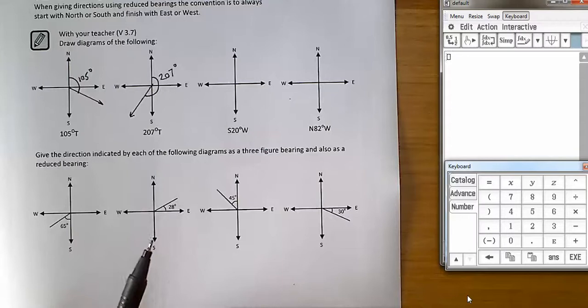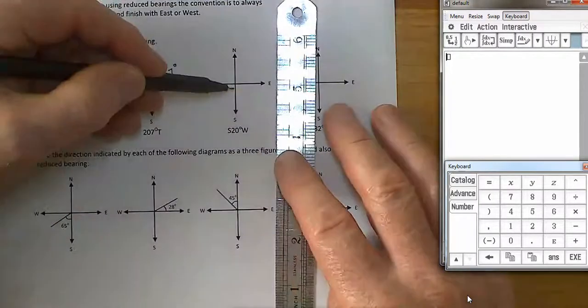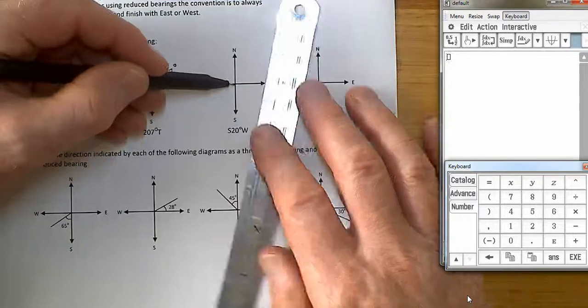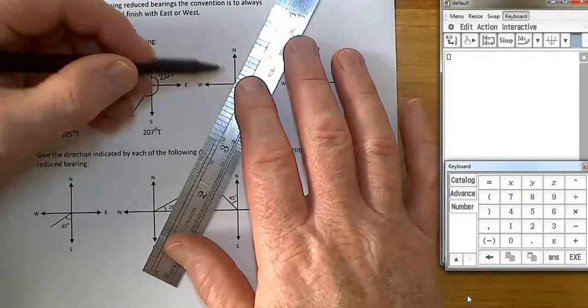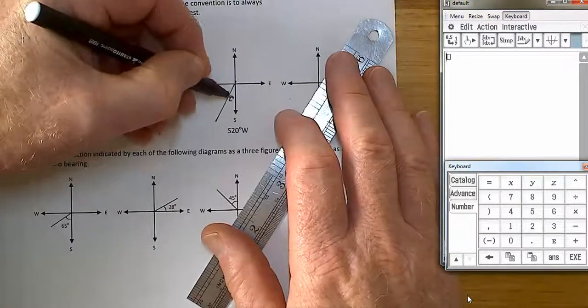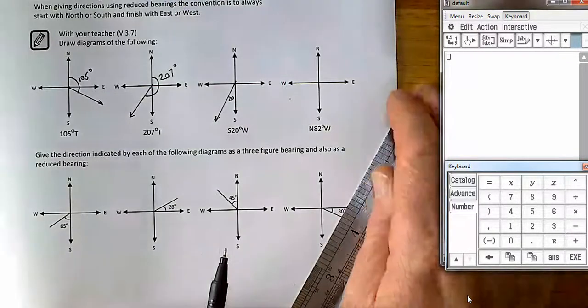So south 20 west means starting from the south, rotate 20 degrees towards the west. It could be something like that.